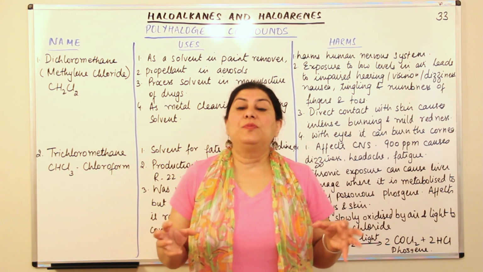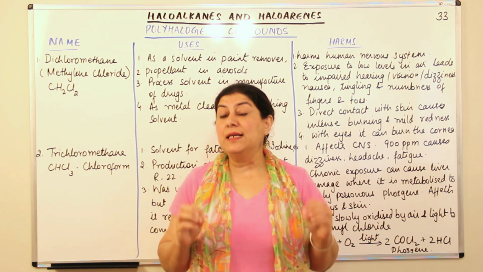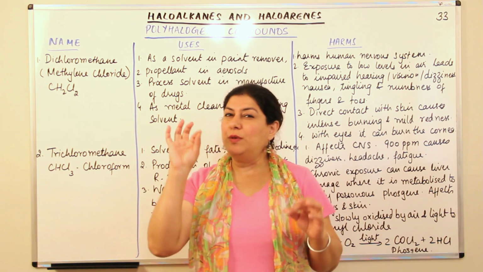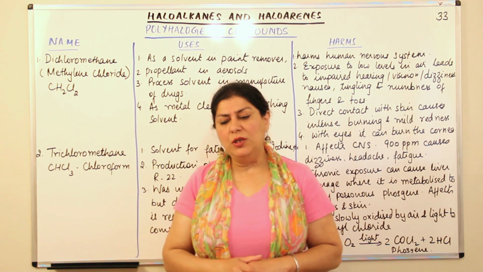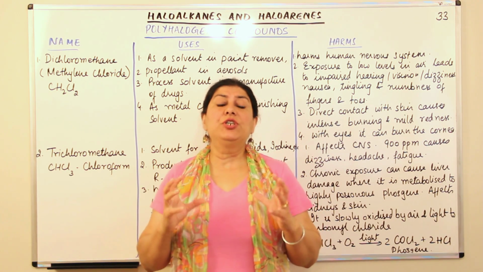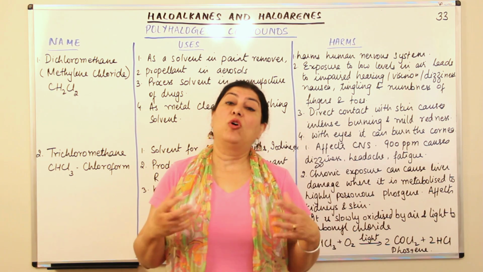Now, why are these polyhalogen compounds so important? They are important because they are industrially very useful to us. They are useful compounds, but with a little bit of salt, and the salt is, I would not say a little bit, with a lot of salt. They have major harmful effects also. Some of them are so toxic that they may cause death.